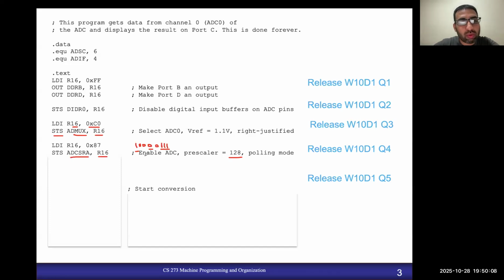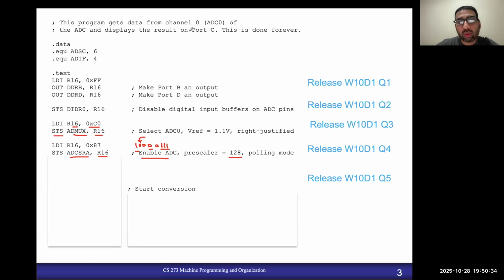What we need to do now, we have enabled the ADC, and now we need to start the conversion. How do we start the conversion? By making the seventh bit of ADCSRA 1, right? So we need to write a couple of lines which start the conversion by setting that bit to 1.